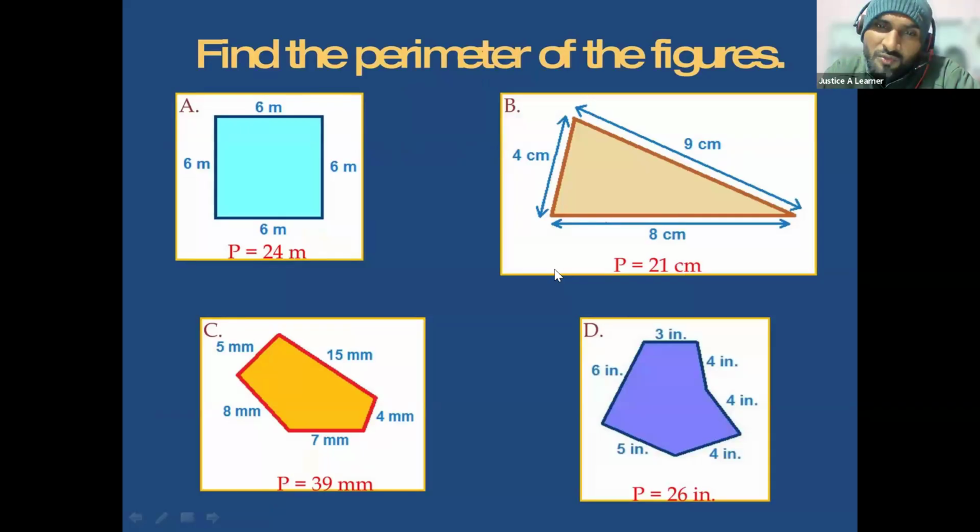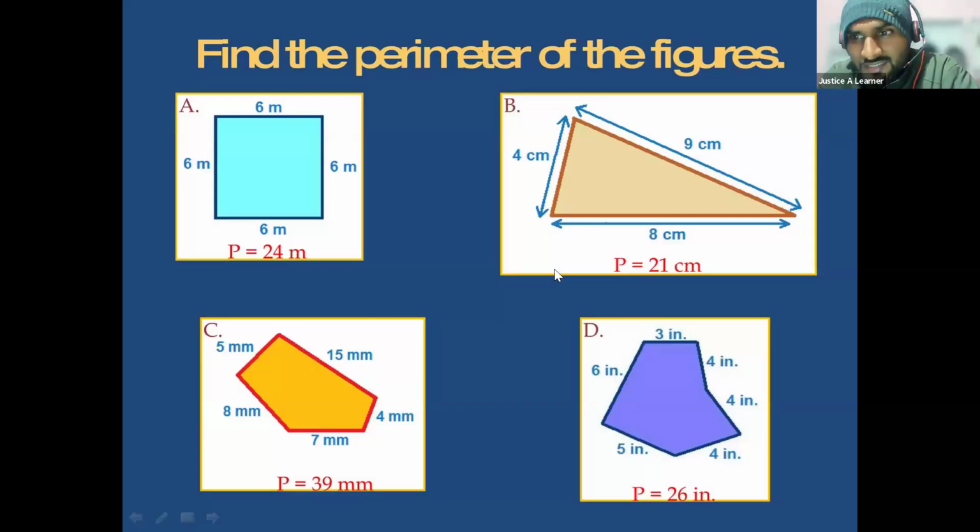You may already know the perimeter of a square: 4 into side. Or what is the concept I told? Just add up the sides. Correct, very good.